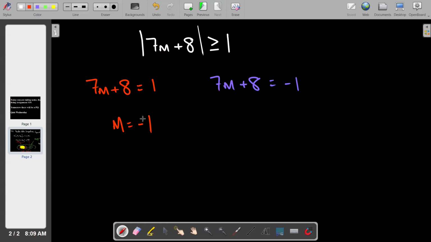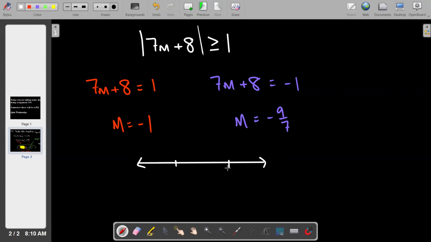Stuff changes there. And the purple equation is maybe a little more stressful for people, right? Because you get -9 on the right. So what do you get for m? You get -9/7. Are we scared? No. Now there's a slight bit of stress here when it comes to marking my boundaries. I'll go ahead and just put two little notches.